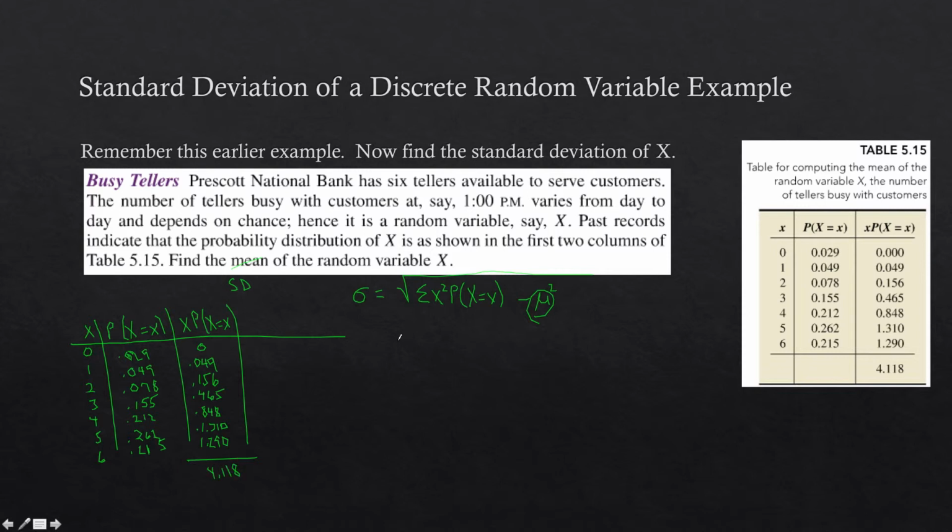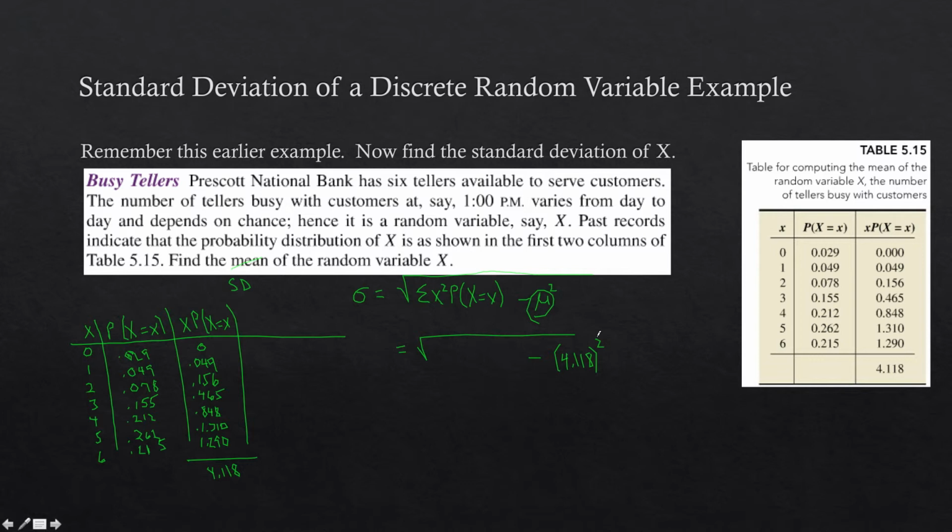Now, in the large scheme of things, when you're trying to find your standard deviation, that is our mu here. That is what we're looking for right here. So that's the second half of the problem right there. Now, that's how to get the population mean.